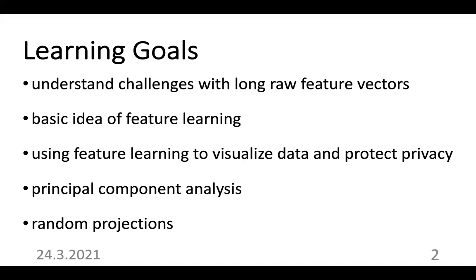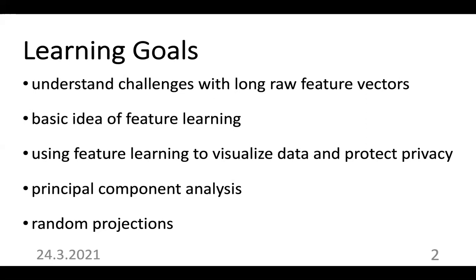Then I will show you how to use feature learning methods to visualize data. One of the most popular ways to visualize data is to do a scatter plot, but a scatter plot typically takes place in a two-dimensional plane. So if you have more than two features of a data point, how do you represent those data? Well, you can use feature learning methods to learn two features and use these two features as coordinates in a scatter plot.